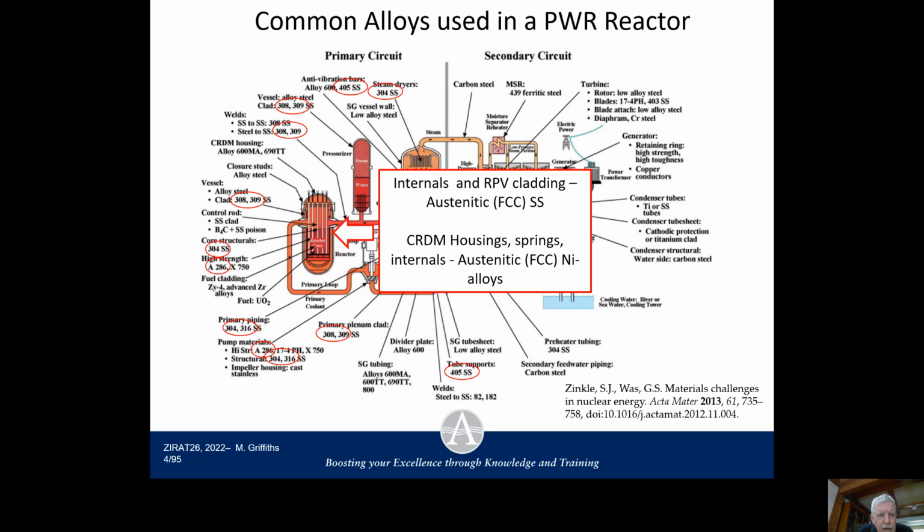And in the core region, there's a number of different austenitic stainless steels that are used for the internal structure. There are also austenitic nickel alloys, typically used in control rod drive mechanism housings, springs, and other internals. But the one we're going to focus on today is the austenitic stainless steels.